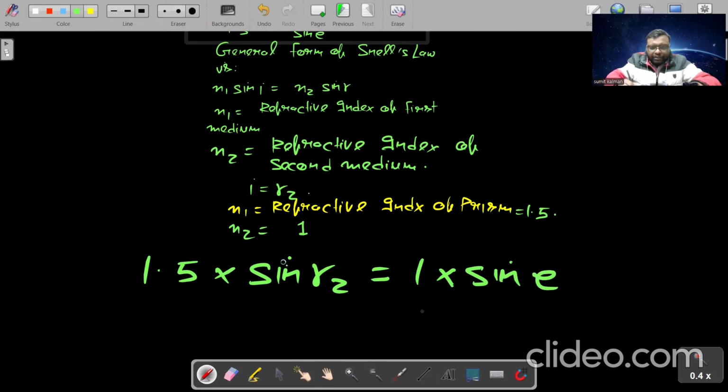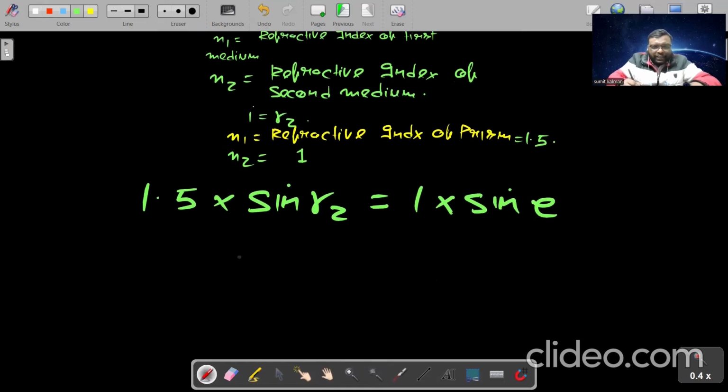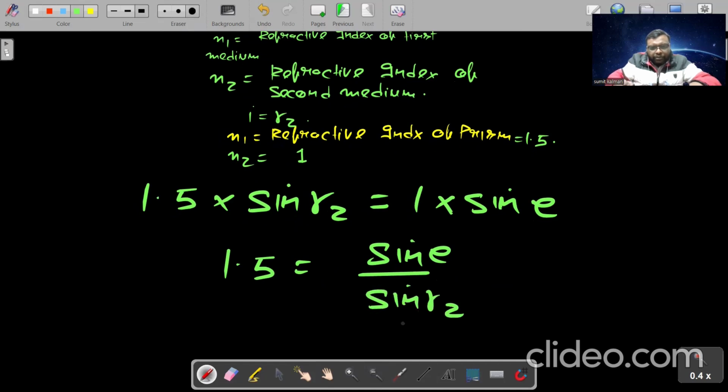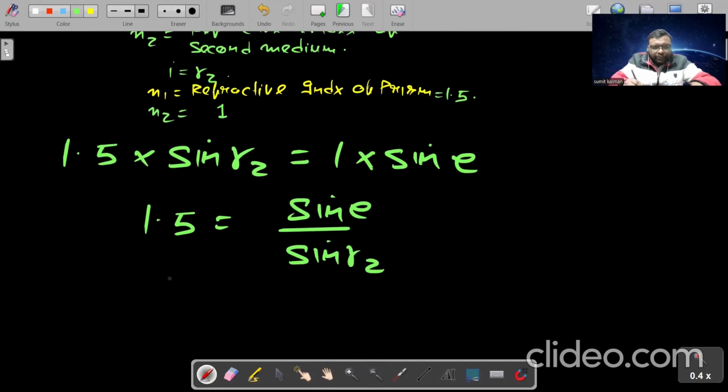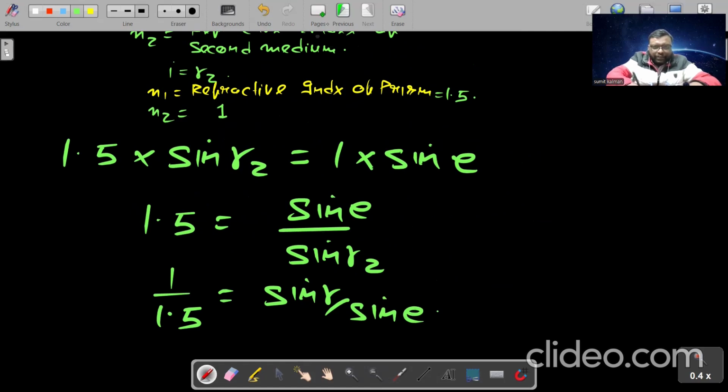And students, if you simplify this, it will become 1.5 is equal to sine of angle of emergence upon sine of R2. And if you take reciprocal of this, it will become 1 upon 1.5 is equal to sine R2 upon sine of angle of emergence. And students, in our problem, it is given.